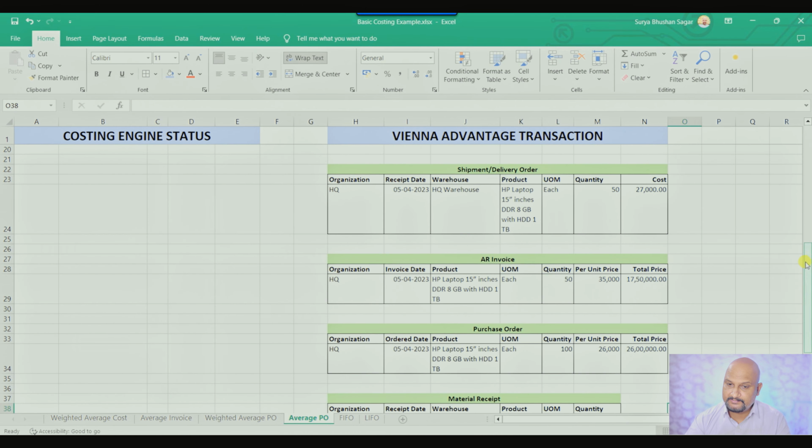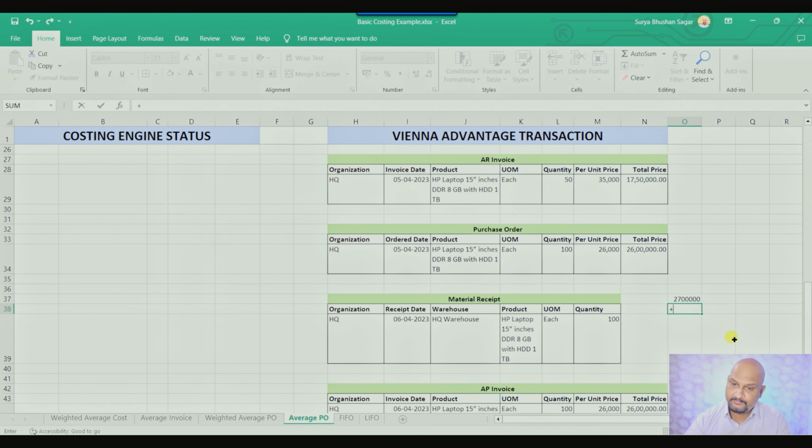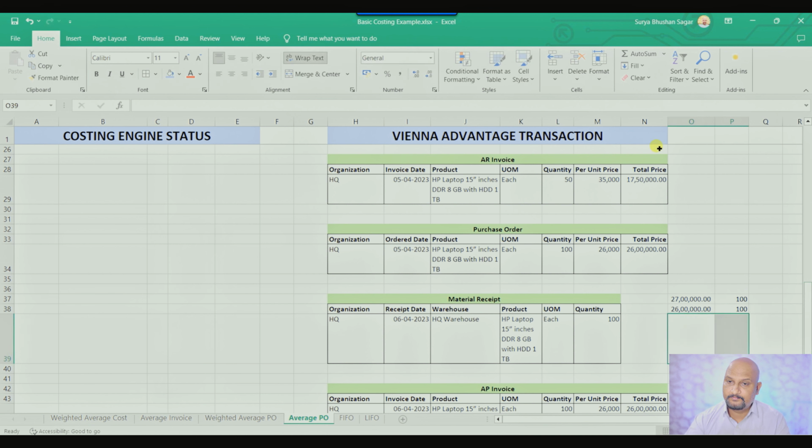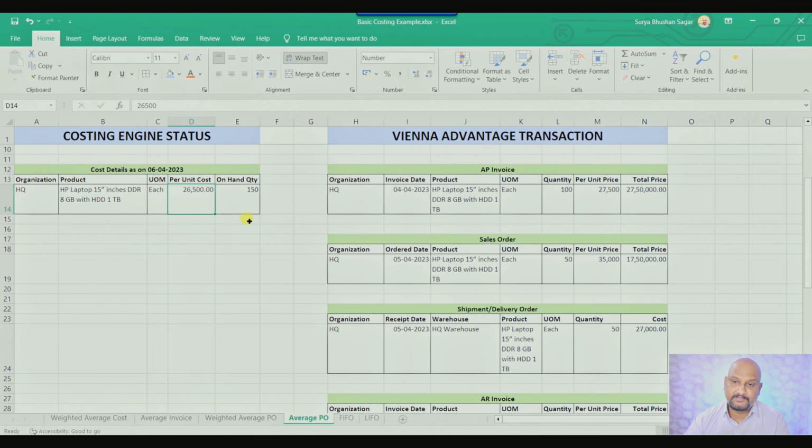And my new incoming quantity is 100 into 26,000, that is equal to this value. Then the initial purchase of 100 quantities and the next purchase of 100 quantities. We will total this out, and if I do my cost calculation, it is this divided by this value, that becomes 26,500, and the cost is updated by the VA system as 26,500 in the costing engine.